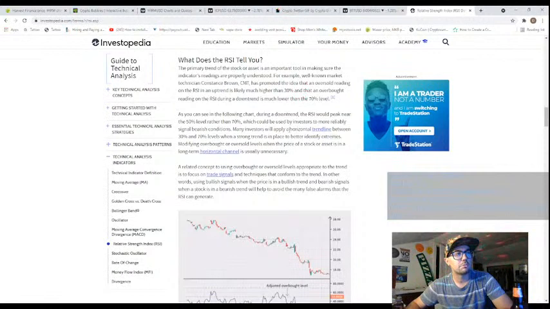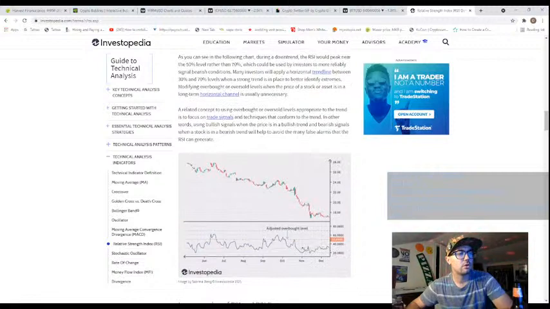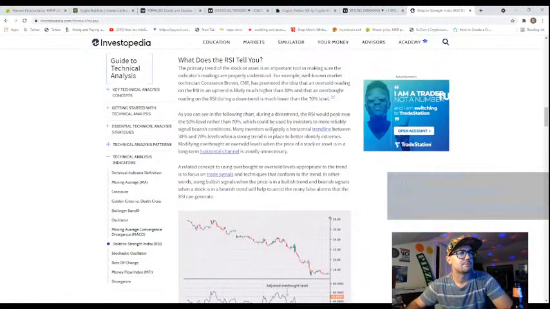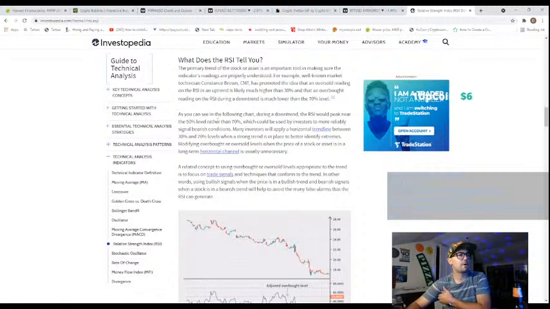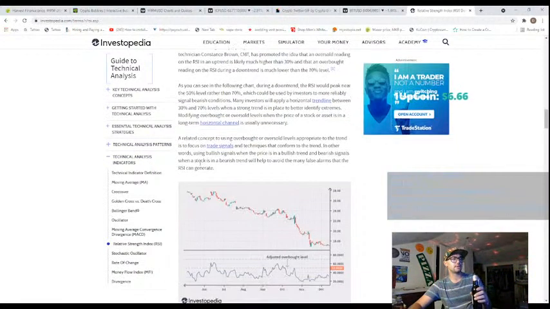Many investors will apply a horizontal trend line between the 30 and 70% levels when a strong trend is in place to better identify extremes. So, they have that plotted down here. This is on Investopedia. Modifying overbought or oversold levels when the price of a stock or asset is in a long-term horizontal channel is usually unnecessary.